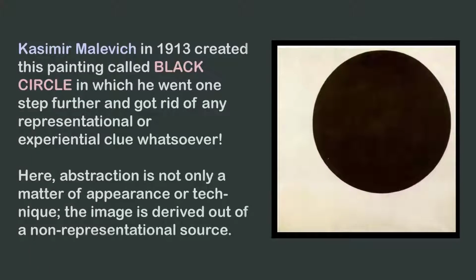At least in the paintings done by Picasso or Braque, though very remote, very faint, one could sense a shadow presence of some objective world. But in a painting like this, The Black Circle by Malevich, painted at the same time in 1913, there is absolutely no reference to the objective experiential world.